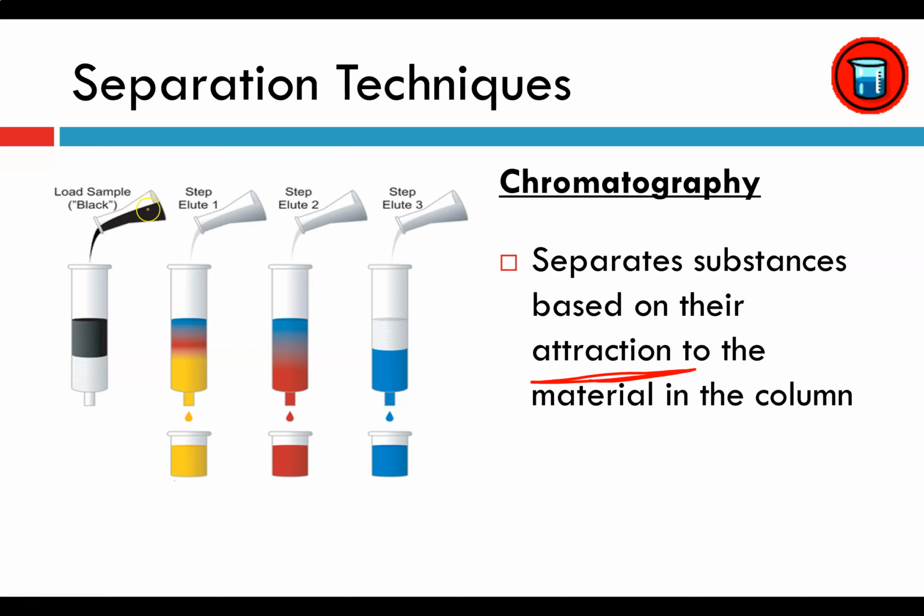So I could take my sample and pour it into the column. The column's been packed with some material. There are different materials you put in the column. Then I'm going to add more liquid, or my solvent, to start to force the sample to make its way through the column. And I would continue to add more and more until I get all of this stuff out of there.